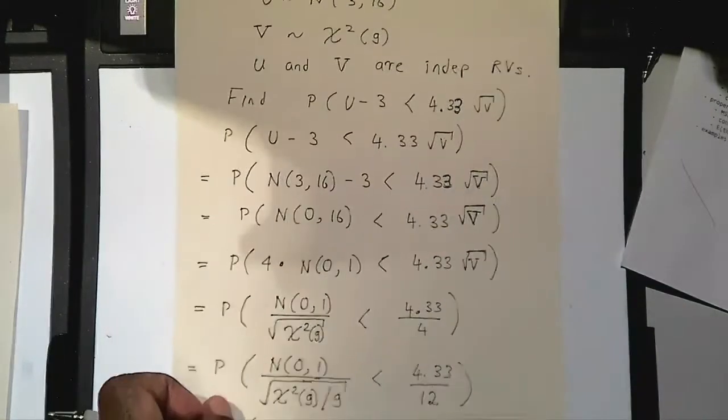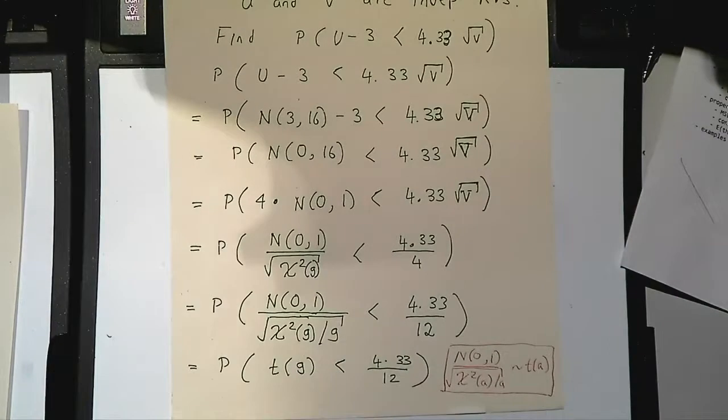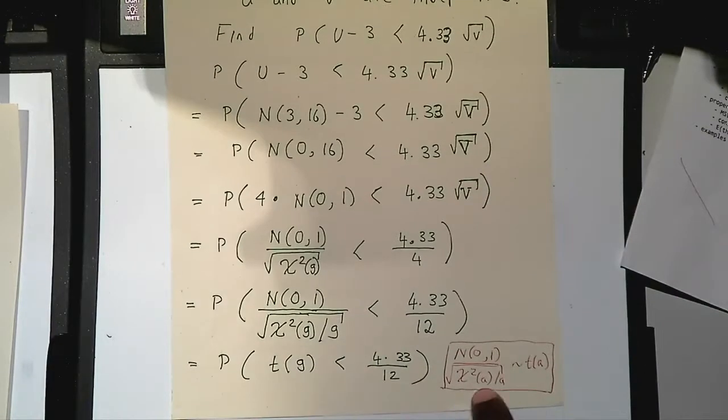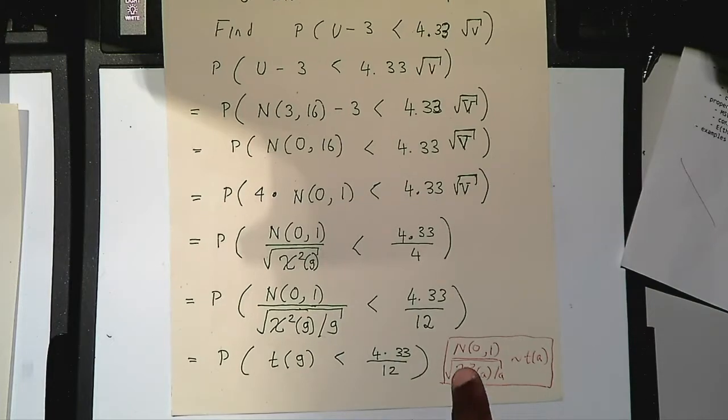And then I did an example on Monday, which is this one. In this example, in the final step, I use this property, which is property number 5. Remember, I mentioned 4 properties earlier. This is property number 5, which says that if you have a quotient like this, a standard normal divided by the square root of chi squared with a degree of freedom divided by a, then this quotient has a t distribution with a degree of freedom, right?